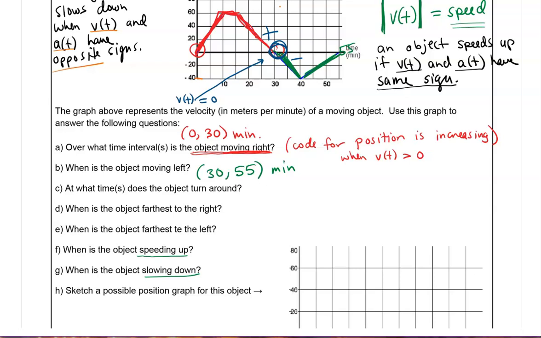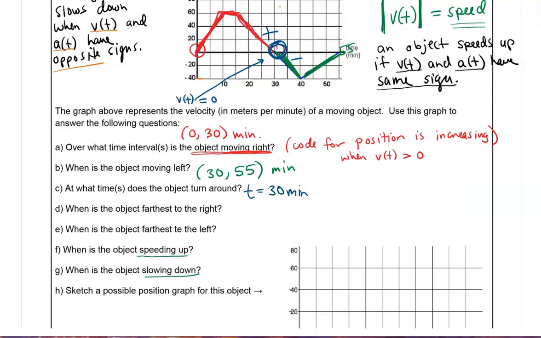That's how we can tell that's where our object turned around, because it was moving right, then it stops here, and then it turns around and goes back the other way. So that time of 30 minutes was our turning around time. That would be this answer. This is when velocity changed signs.